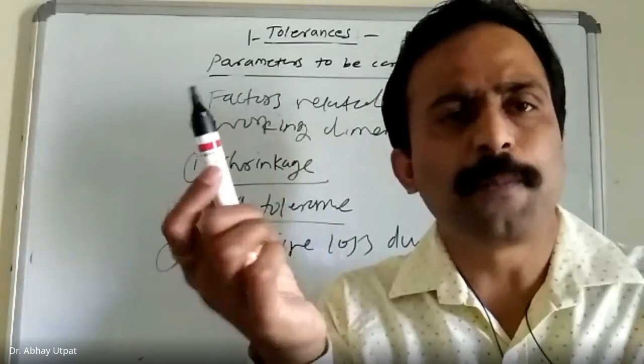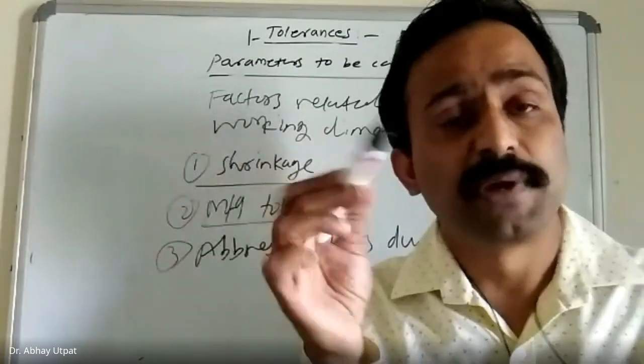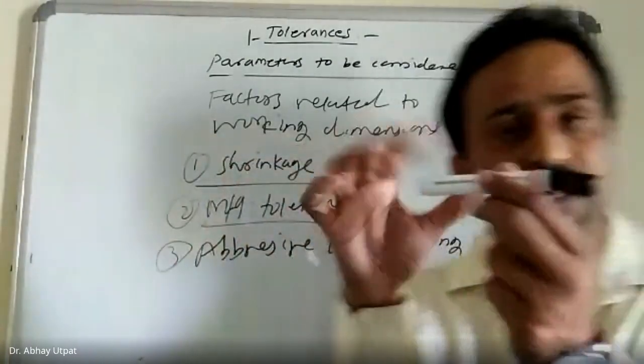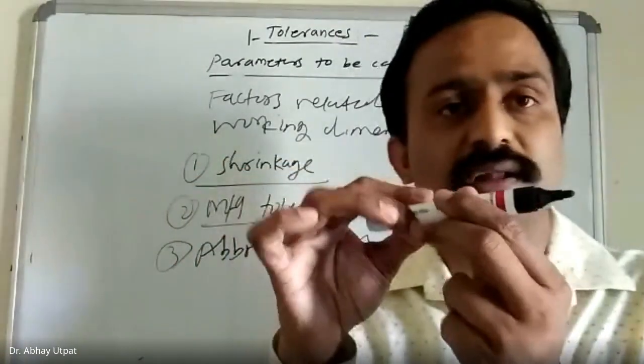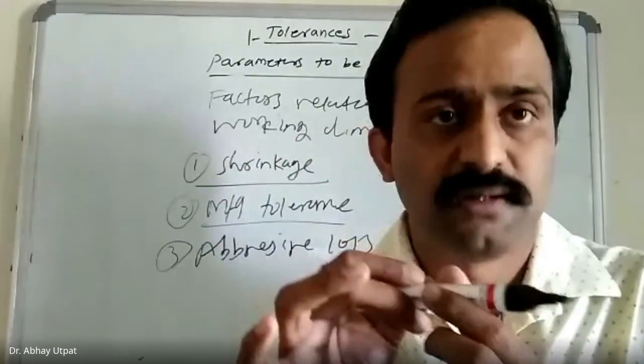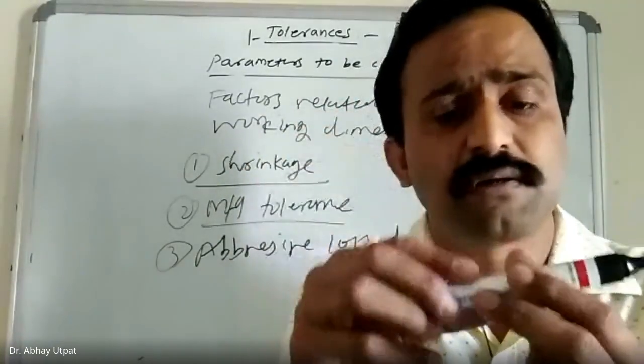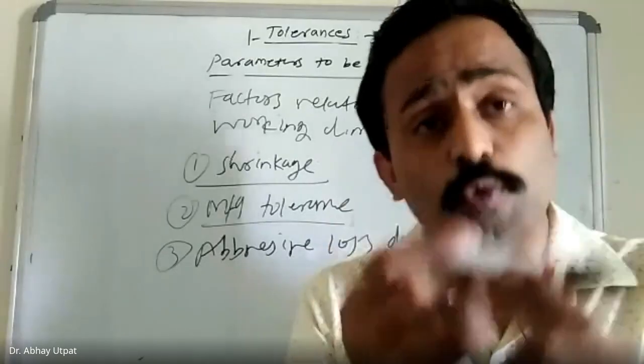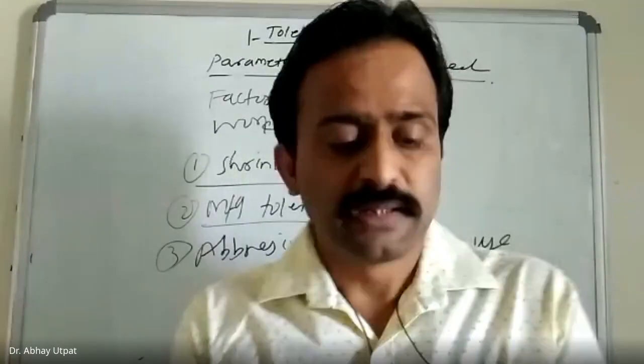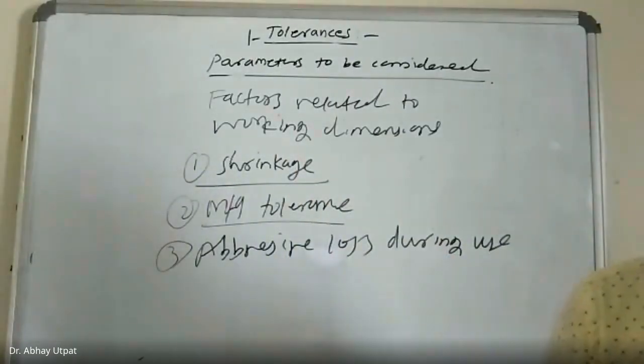But it will not affect much because it is a pen. But if it is fitted somewhere and the 10 mm part becomes 9.8, then it may cause misalignment, or the structure may collapse. That's why that consideration will also be there in case of abrasive loss during use.